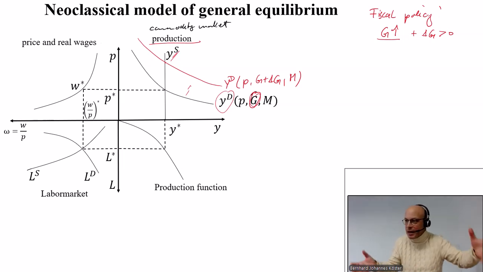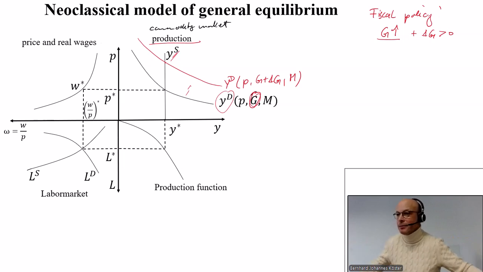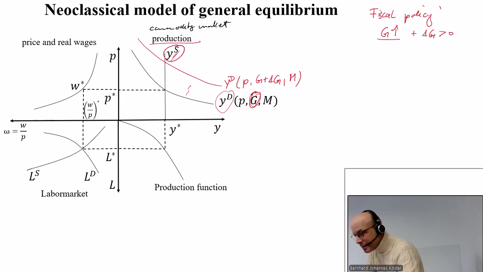But in the first step, just increasing government expenditure doesn't change anything on the framework of the economy. So YS is still valid. Also, of course, this doesn't change anything within our preferences.